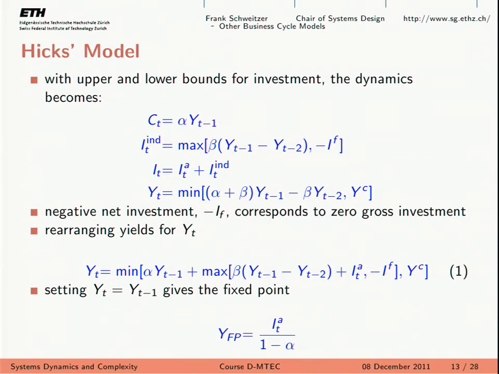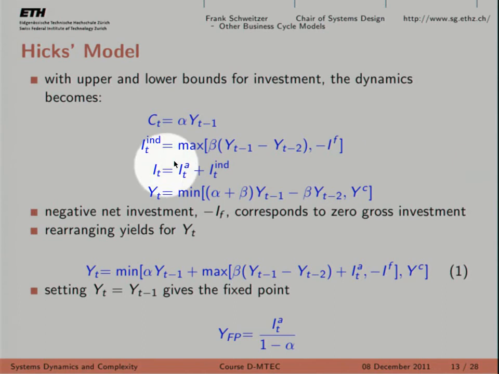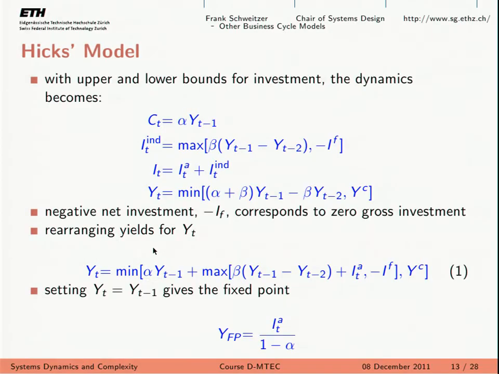Now, if you calculate the steady state, by the way, as soon as you have max and min, you have piecewise linear functions. So this is not linear in this case, but you have piecewise functions. Don't concern yourselves with this. The point is that mathematically this model has not been fully analyzed yet. It's simply complicated.